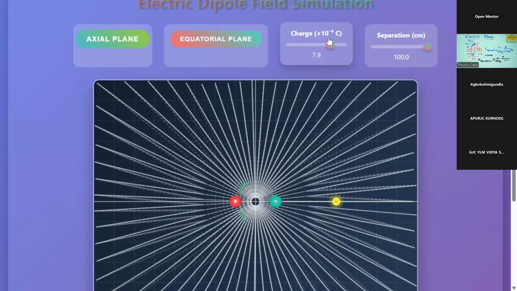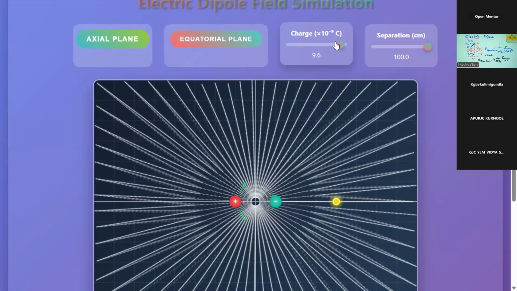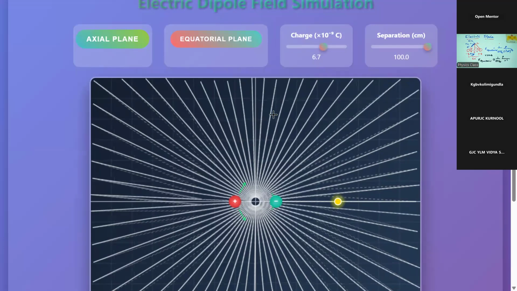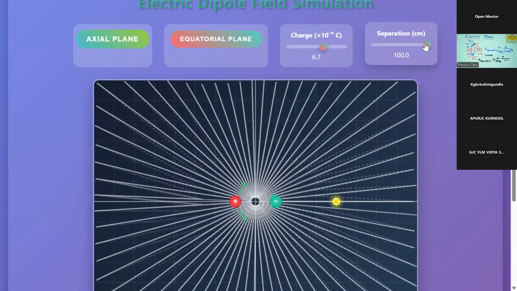If you decrease the value of the charge, we can see less dense lines. The electric field lines always start from the positive charge and end at the negative charge. That's why you can see a green arrow mark away from the positive and ending at the negative charge.